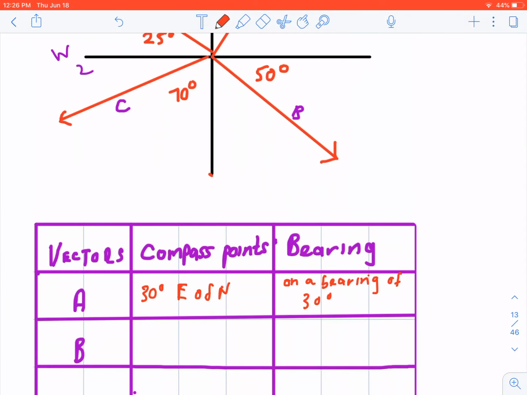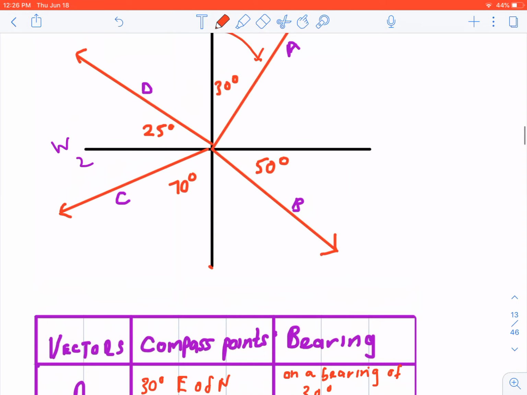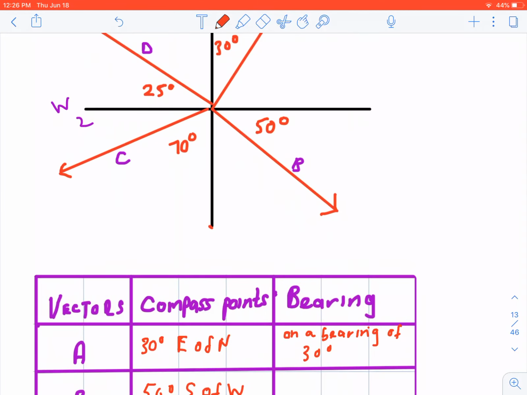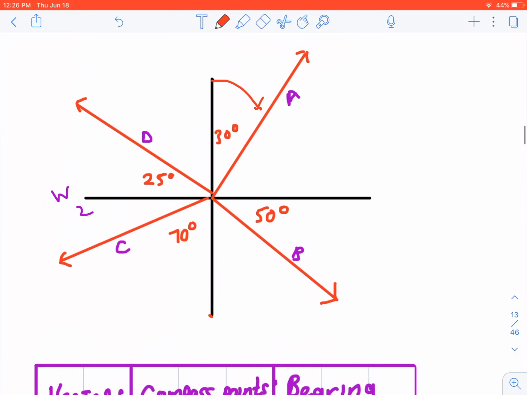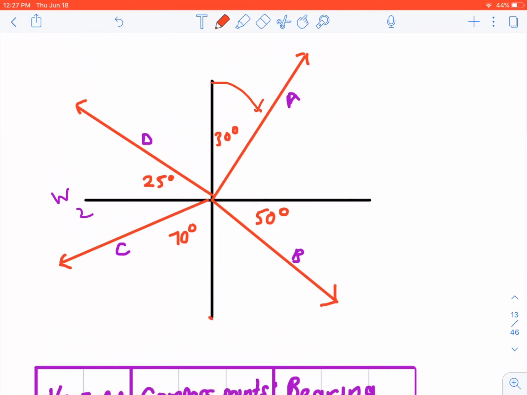Let's look at B. B is 50 degrees south of west. I'm not going to keep on writing on a bearing of, but you need to say on a bearing of. B would be on a bearing of 90 plus 50.